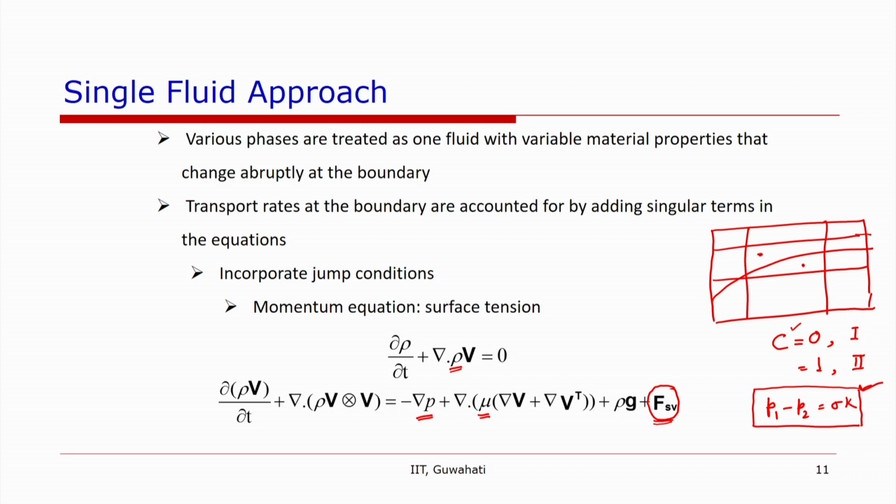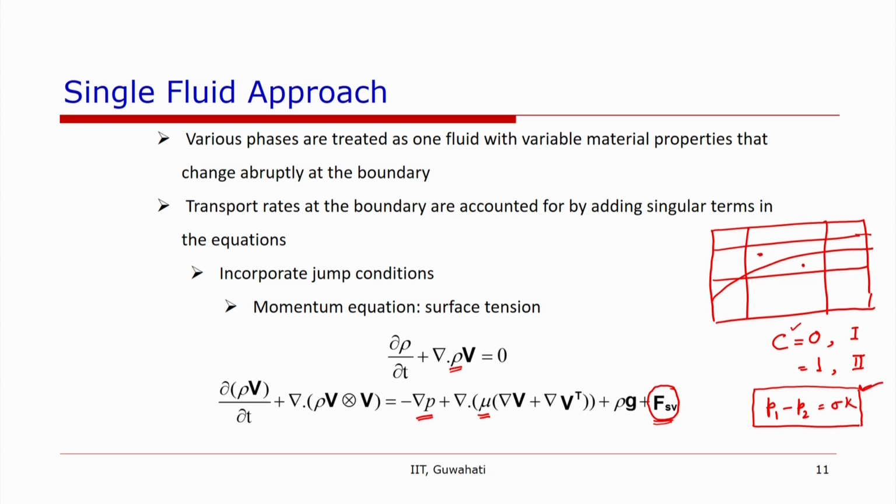So, we have a marker function, and if we know the values of the marker function in each grid cell, we will be able to define the value of rho and mu at any cell.